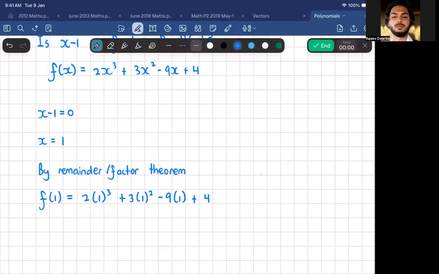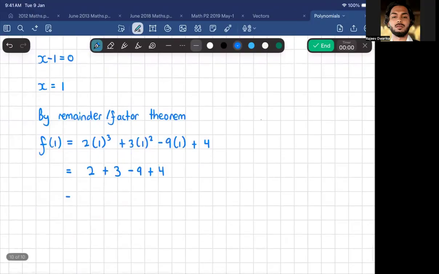What's 1 cubed? 1. And 2 by 1? 2. So 2 by 1 cubed is 2. What's 1 squared? 1. 3 by 1 is 3. What's minus 9 by 1? Minus 9. And that's just plus 4. What is 2 plus 3? 5.